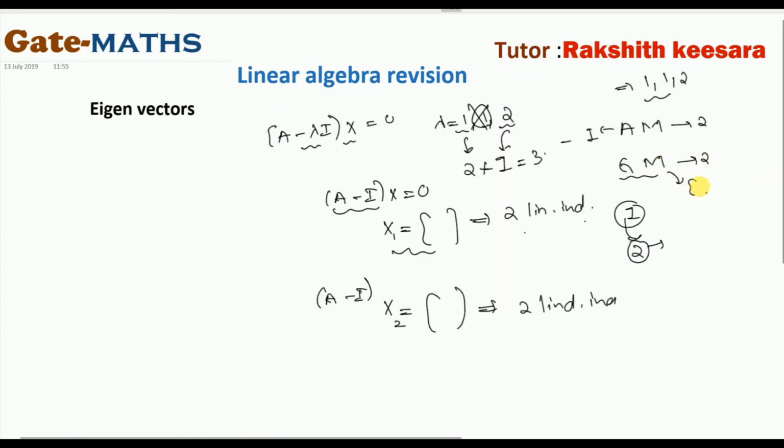GM is nothing but the number of linearly independent eigenvectors. It is calculated for each eigenvalue. And AM is also calculated for each eigenvalue, based on how many times the eigenvalue is repeated. That is the AM. And the condition is AM should always be greater than or equal to GM.